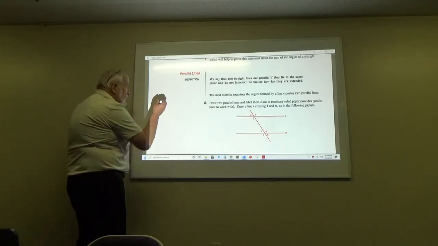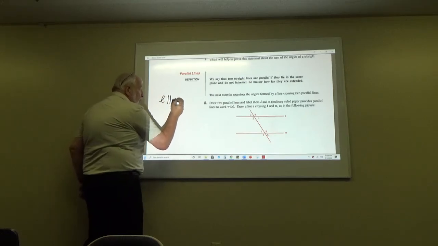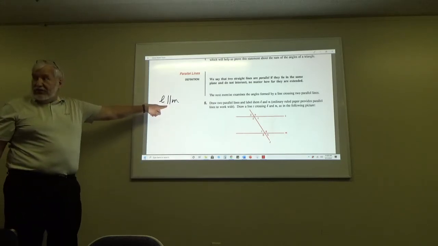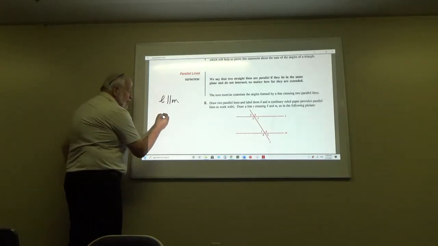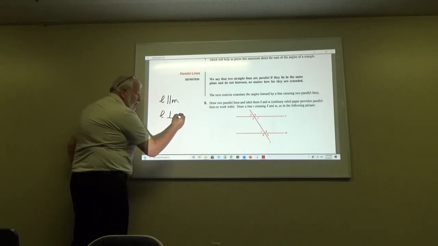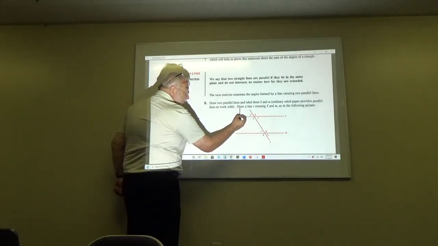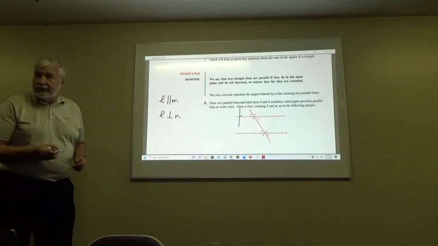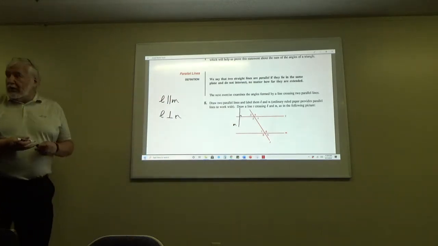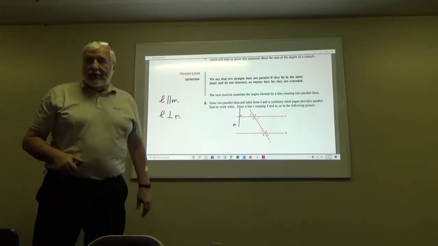But if you wanted to write it, you would say L is parallel with M. If it was perpendicular, you would say L upside down T is perpendicular with N. And that would give you a line of N coming here to the right angle. Now I know that you know parallel and perpendicular, but those are the symbols for it, which you may not have had in the past.